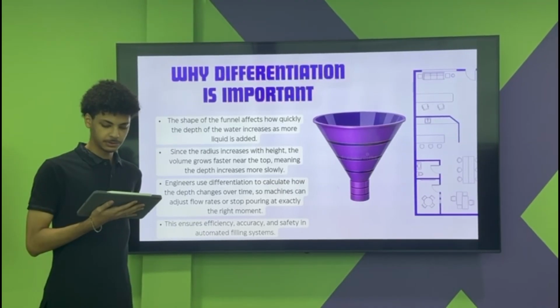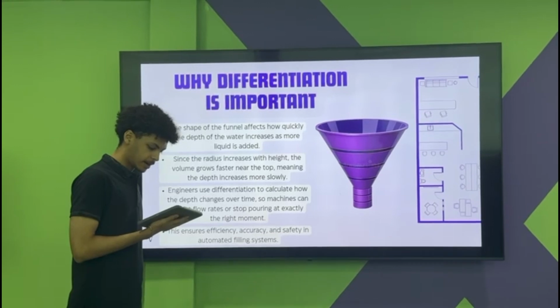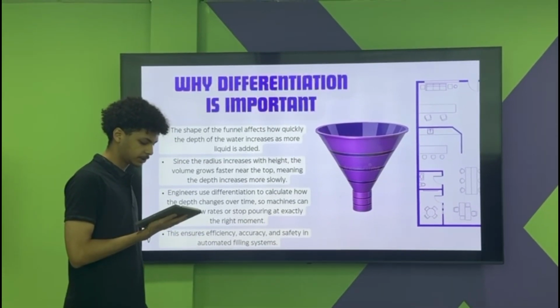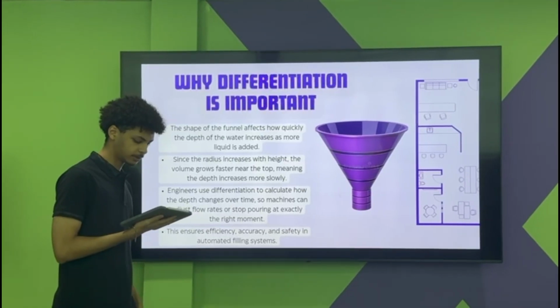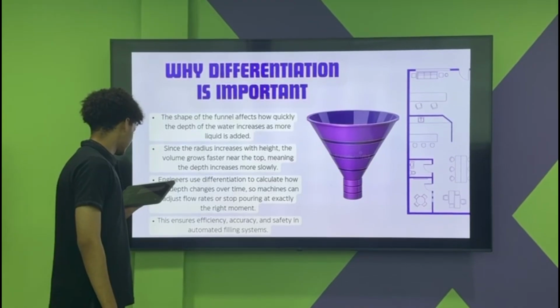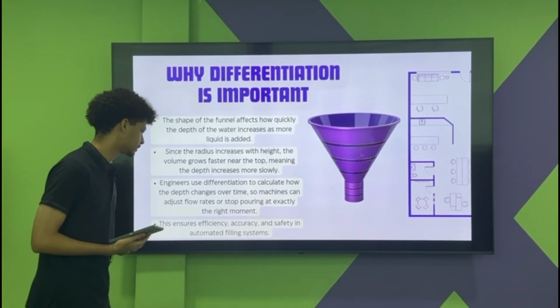Engineers use differentiation to calculate how the depth changes over time, allowing machines in automated systems to adjust flow rates or stop pouring at the exact right moment. This ensures efficiency, accuracy, and safety in automated filling systems.